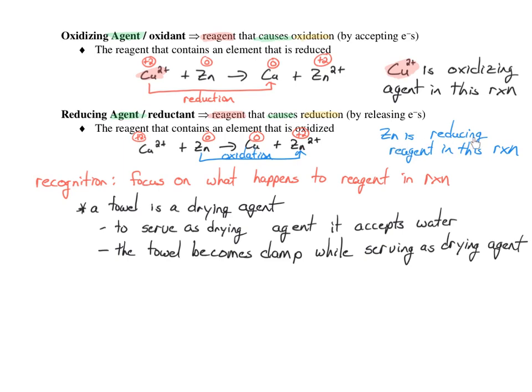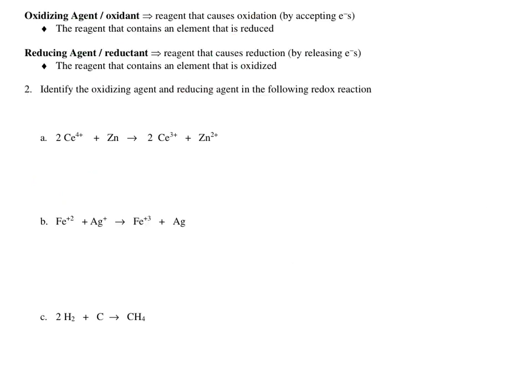So zinc is the reducing agent in this reaction because it's released electrons that can be used in a reduction reaction. So zinc is identified as a reducing reagent in this reaction.